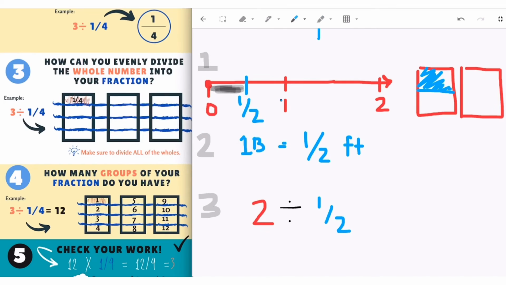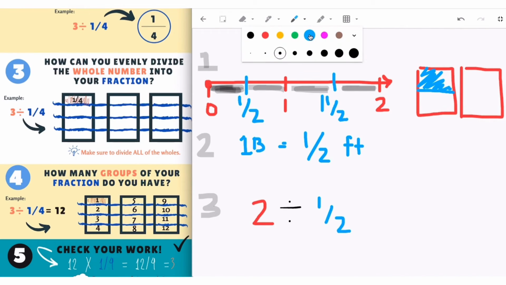Well, I know also between 1 and 2, I have another 1/2. This would be 1 and 1/2. So I know I can make 1, 2, 3, 4 bracelets from this piece of string. That means that 2 divided by 1/2 equals 4.